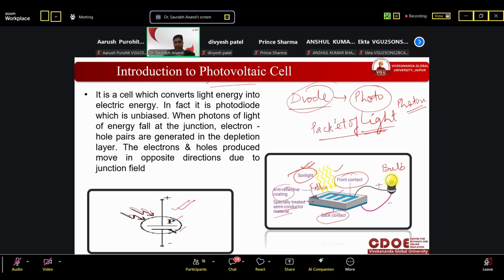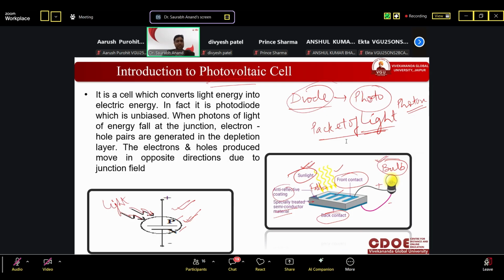Depending upon this light, it is providing the current to this bulb. So whenever the sunlight is falling on it, this bulb will continuously glow.